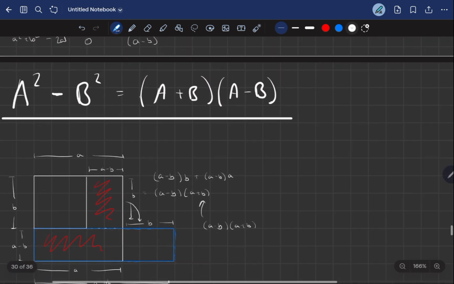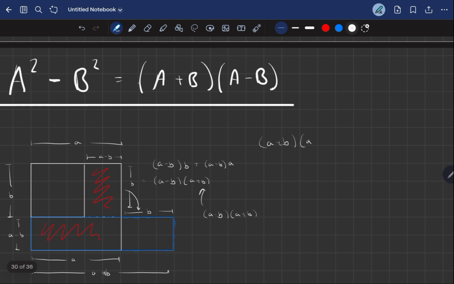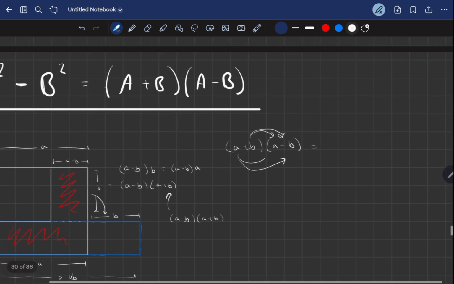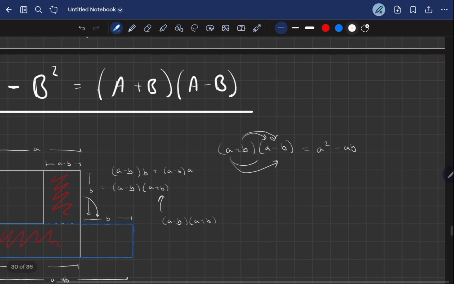Okay, now I can also prove this by expanding it out. So let's do that. A plus b times a minus b. So we can expand this out by doing that, and that. And we get a times a is a squared, a times minus b is minus ab, b times a is ab, and b times b is b squared.